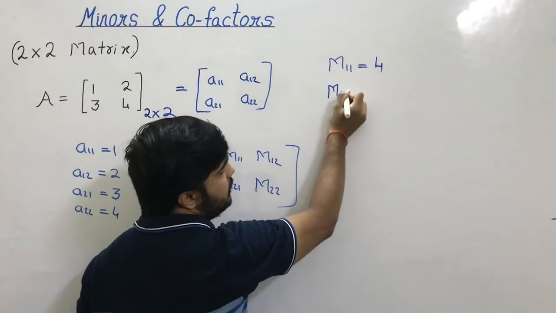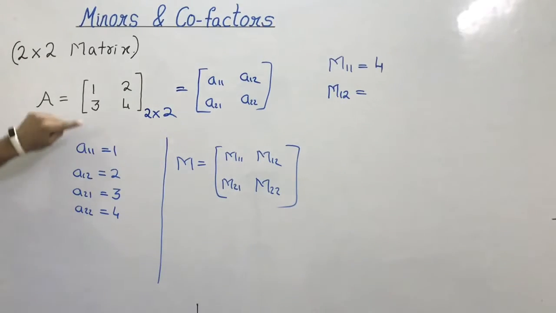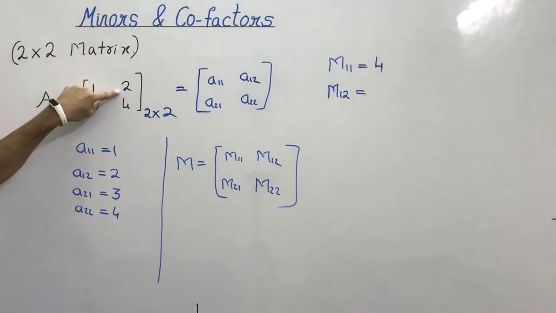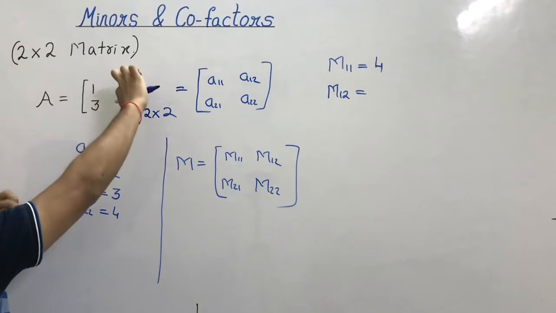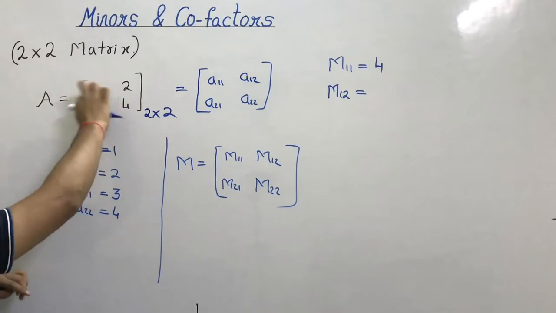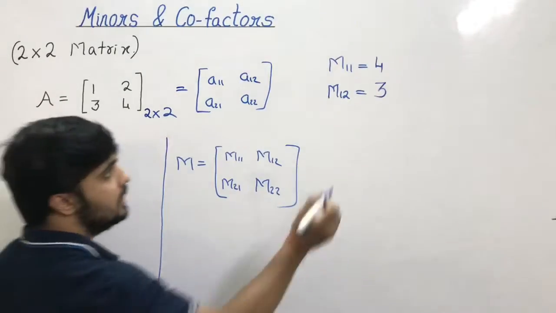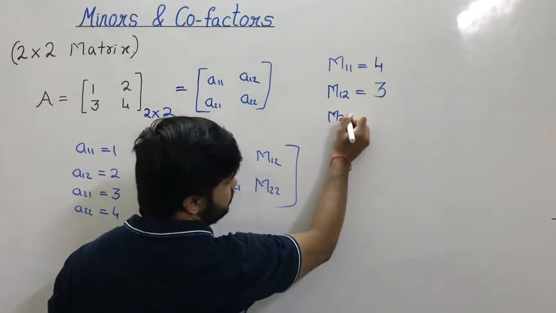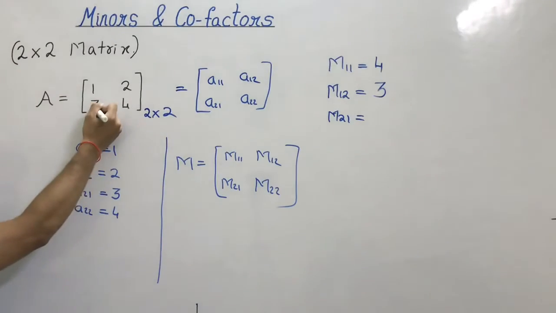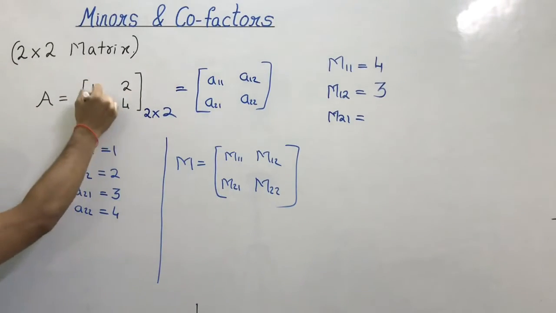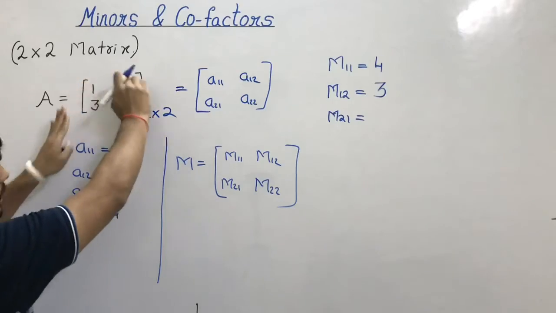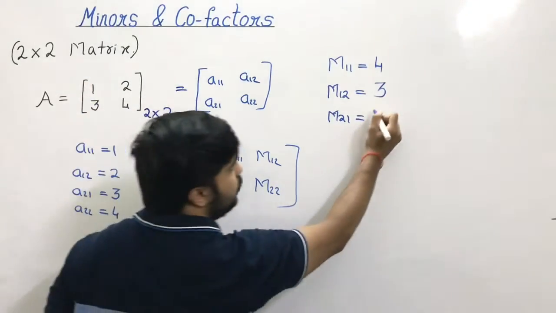Similarly for M12, it is at this position. We'll neglect this row and this column. What is left is 3. So M12 is 3. Next, M21 is at this position. We'll neglect this row and this column. What is left is 2.